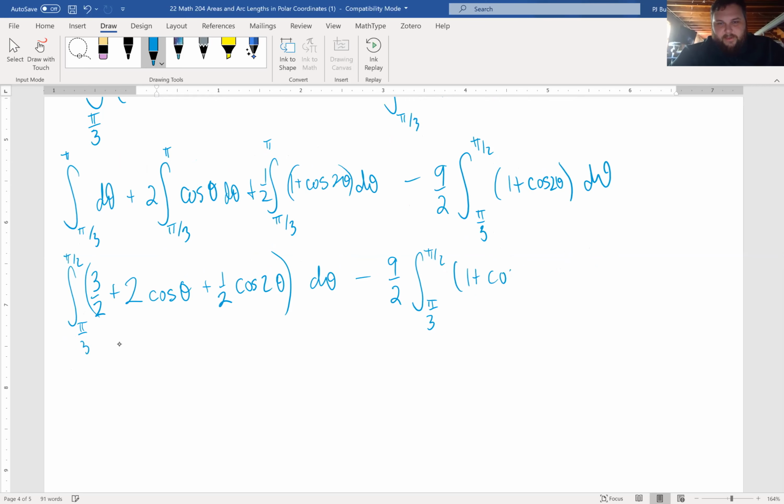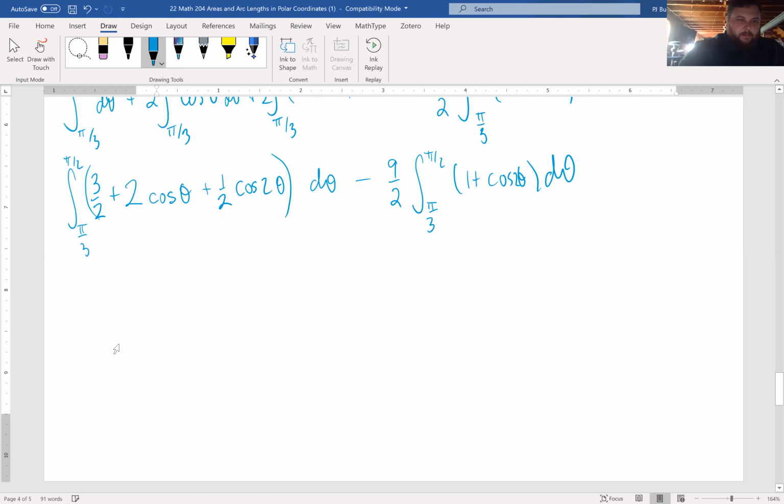All right, so now we can integrate everything. So this is going to be 3 halves theta plus 2 sine theta, one fourth sine 2 theta.